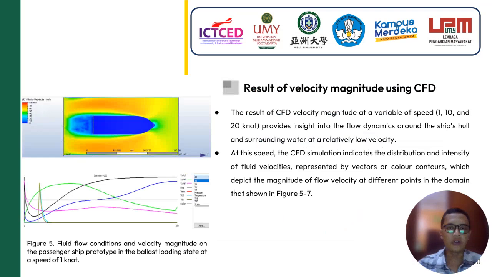And our results of the velocity magnitude using CFD: we can see in figure 5 the fluid flow condition and velocity magnitude on the passenger ship's prototype in the ballast loading state at a speed of 1 knot.